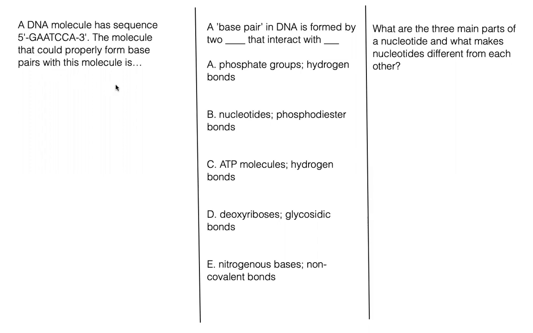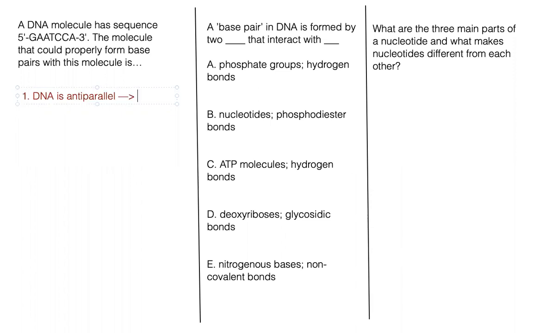The question is, the DNA molecule has the given sequence, and we're trying to figure out what the base pair molecule would look like, right? A couple things to remember. First, you have to remember how DNA works. DNA is anti-parallel. What does that mean?